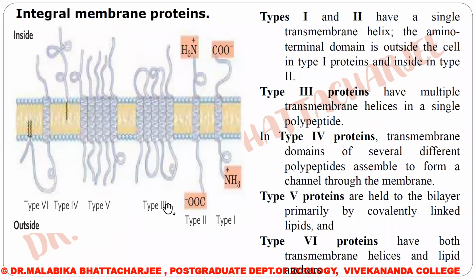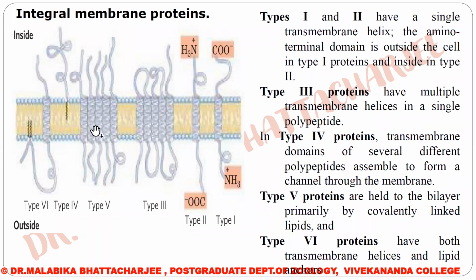When we move on to the type 3 integral membrane protein, you can see this is a multi-pass protein, means this is a long polypeptide, and you can see the polypeptide is traveling through the membrane in this manner as my cursor is moving. So this is a multi-pass protein.